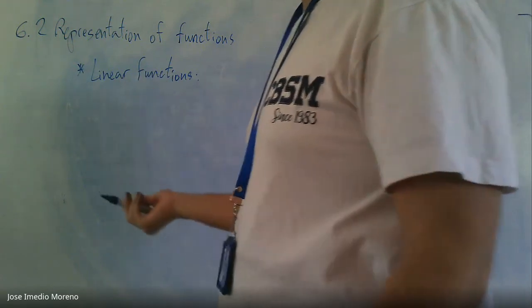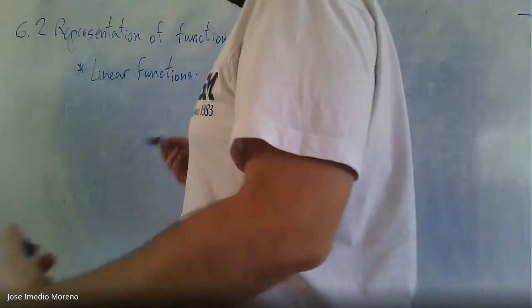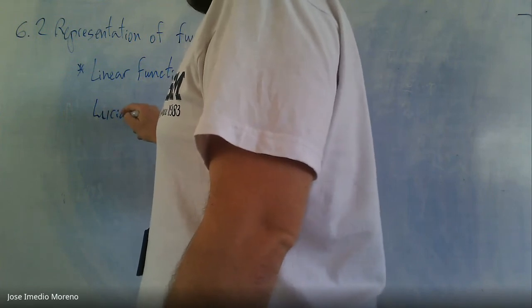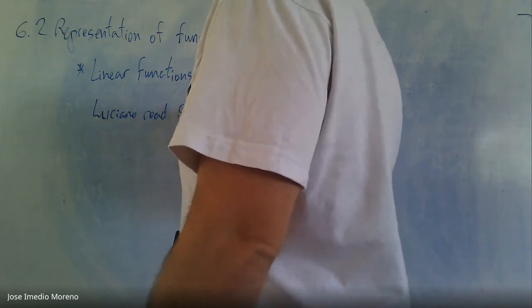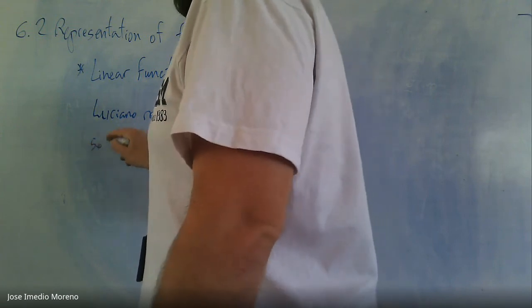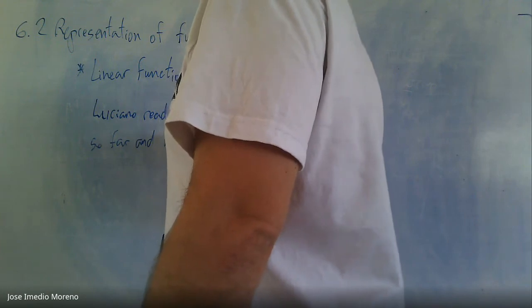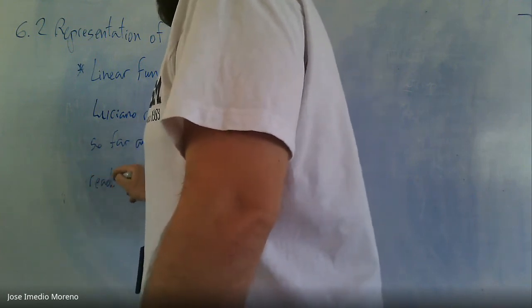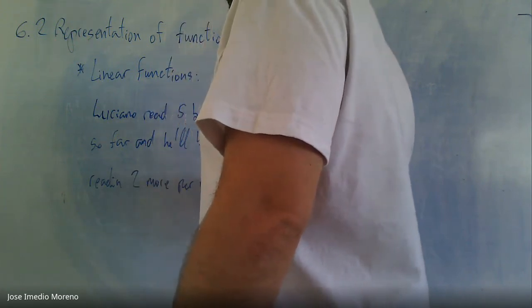So let's start with the word description. And let's use an example from the previous bimester. Let's say, Luciano read 5 books so far, and he'll be reading 2 more per week.